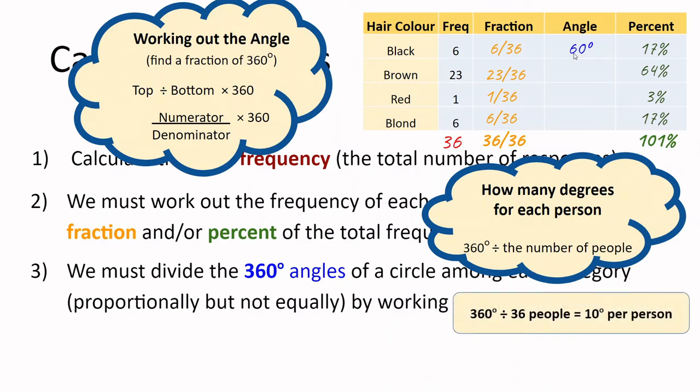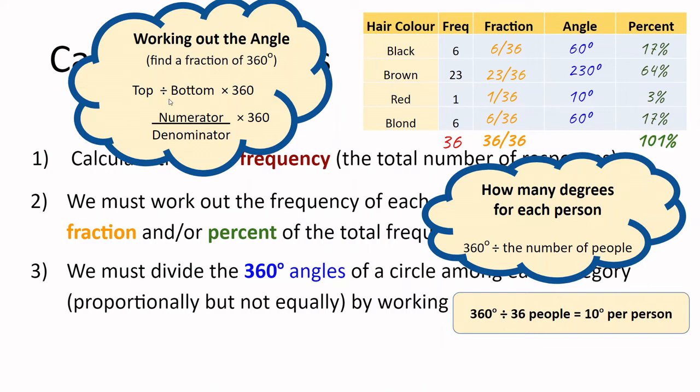And knowing that, I can easily calculate how many degrees I need to represent 23 people. 23 times 10, right? How many degrees for 1 person? Well, we just worked that out. That's 10 degrees. And for 6 people, we have it at the top here, 60 degrees. Feel free to hit pause now if you want to try that for yourself. And you should notice that we work out the same angle regardless of which method we use.